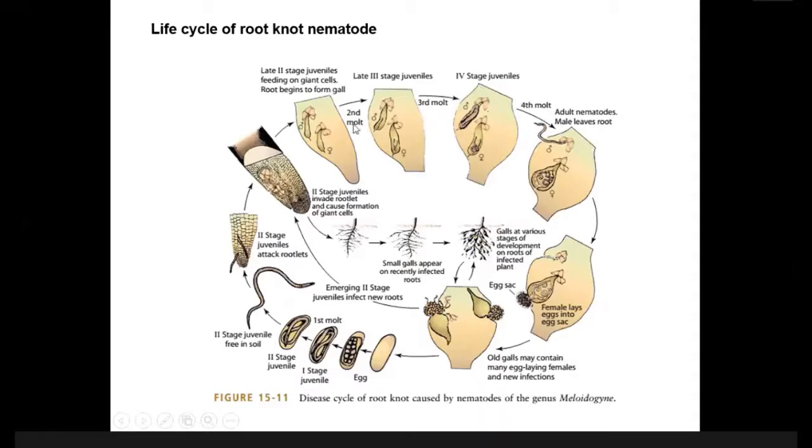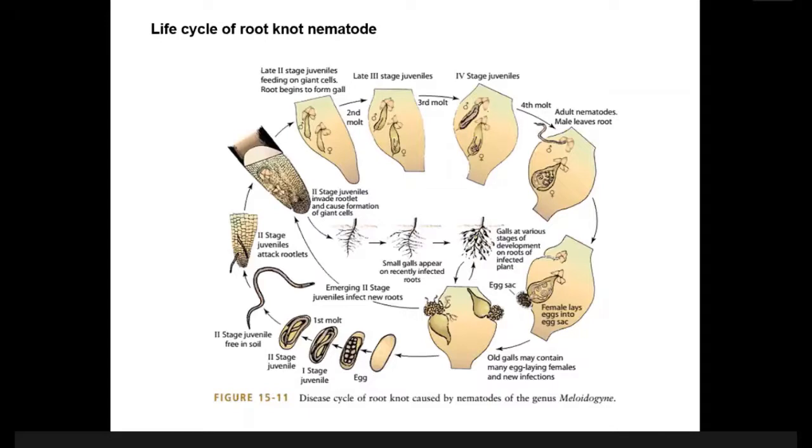What happens actually? When the second stage juveniles go inside the root, they select the vascular bundle area. After that the nematode secretes some saliva inside the vascular bundle, and the saliva contains numerous enzymes, proteins, or effectors, we call them. Among these numerous effectors, some will disrupt the normal cell cycle of the root.